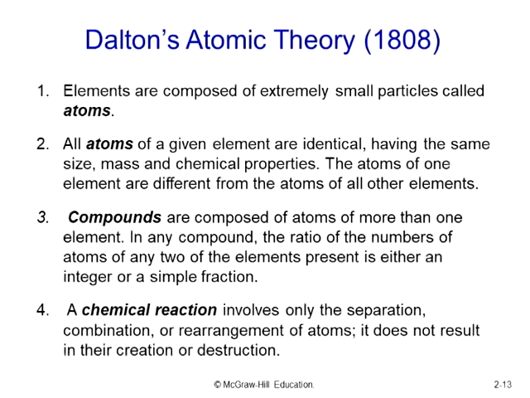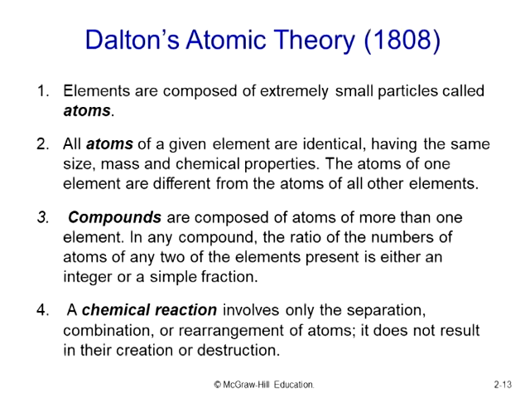Let's take a look at the first principle. Elements are composed of extremely small particles called atoms. This is something most people know. That knowledge came from what we call Dalton's atomic theory. So elements are composed of extremely small particles called atoms. All atoms of a given element are identical.